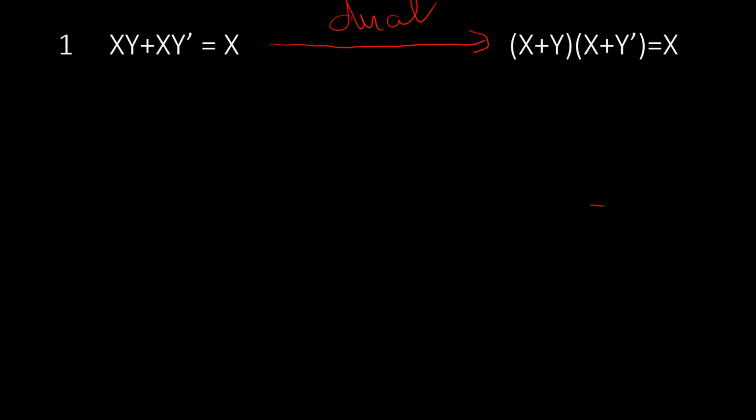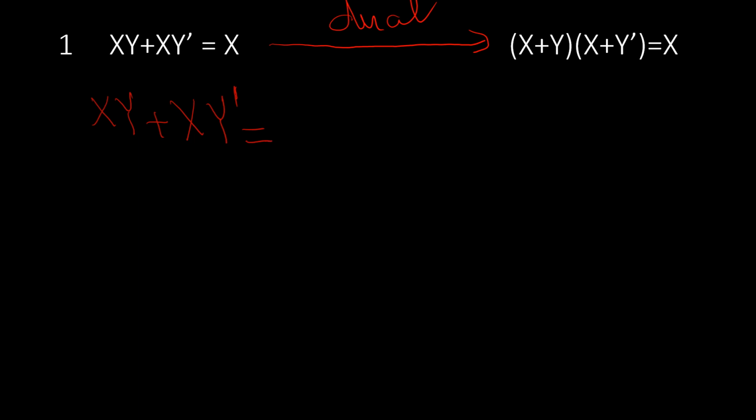The proof is very easy, but you need to remember all your basic theorems in order to use them to prove whatever is here. So I have x ANDed y, or x ANDed y complement, equal to what? I need to show that it is equal to x.